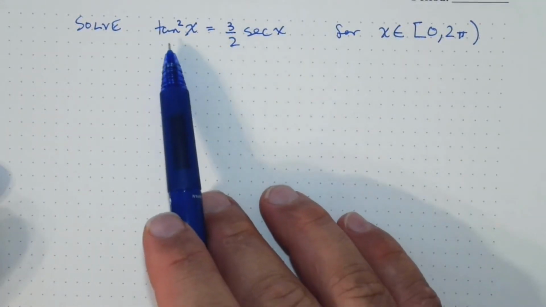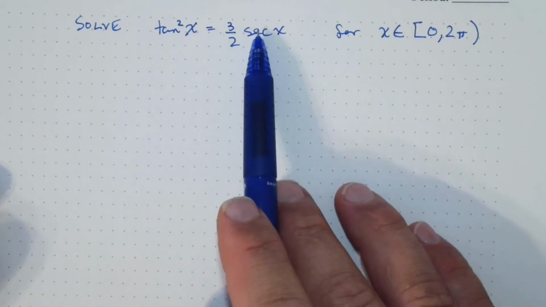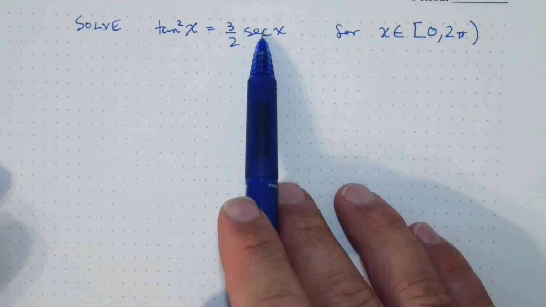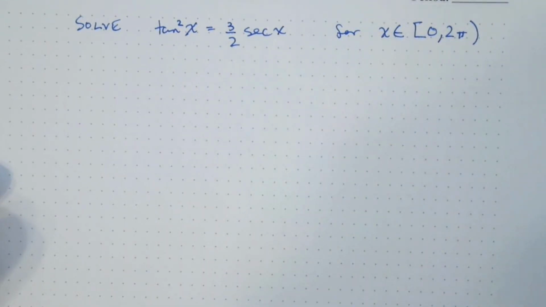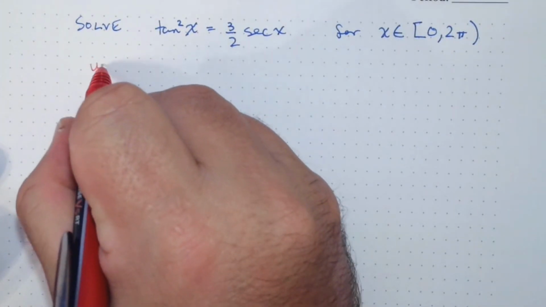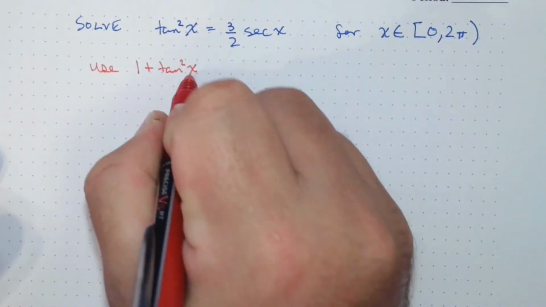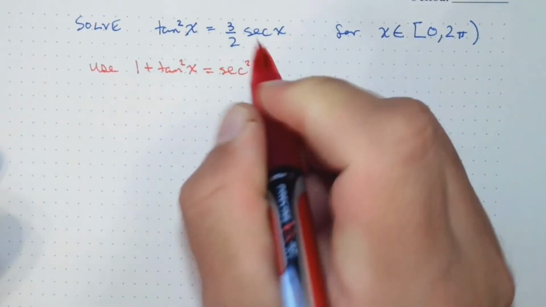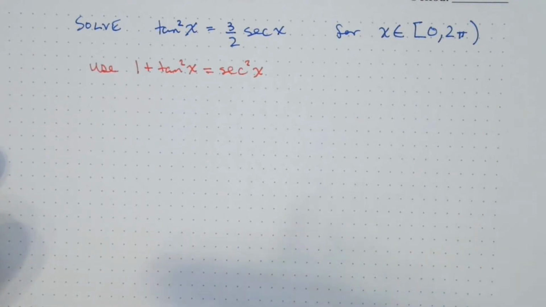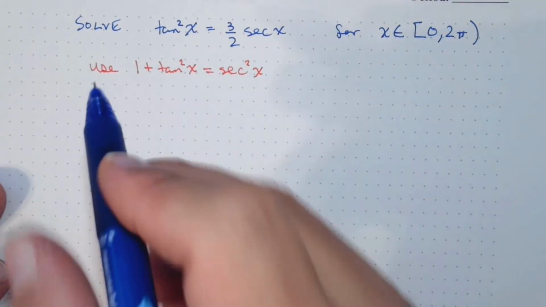So let's go through. I've got a quadratic in one function and a linear in another: tangent squared and secant. So what I can do is use 1 plus tangent squared of x is equal to secant squared of x, which is one of my Pythagorean identities.